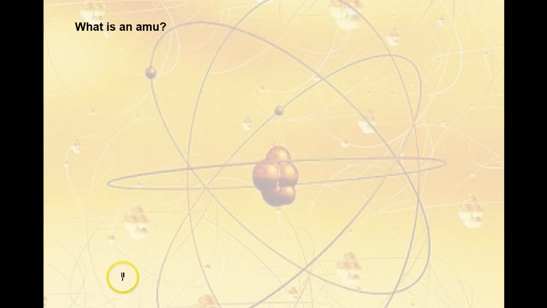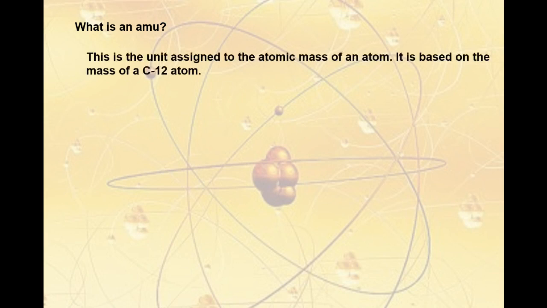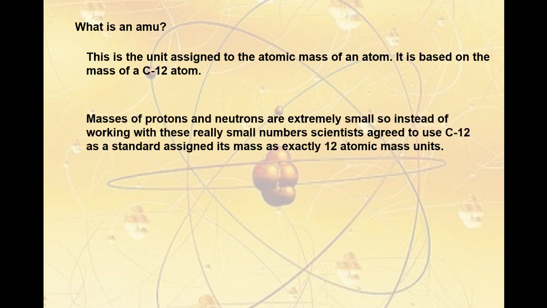So I keep referring to AMU. What is it? Well, an AMU is a unit that is assigned to the atomic mass of an atom. It's based on the mass of a carbon-12 atom. It's being used as the standard.